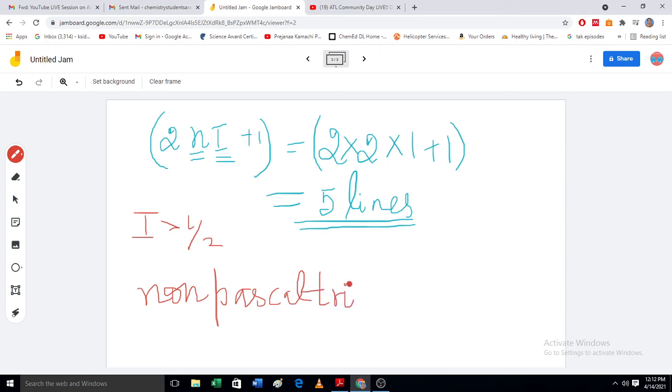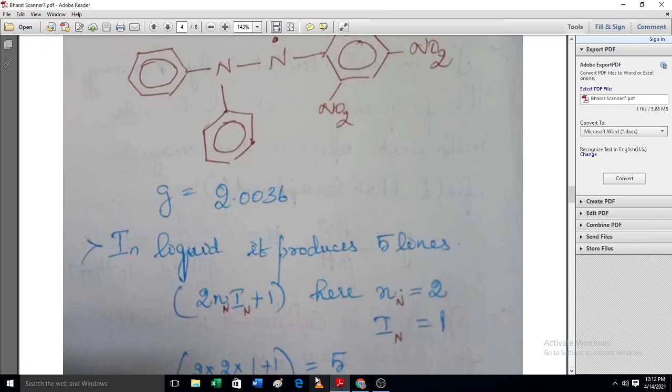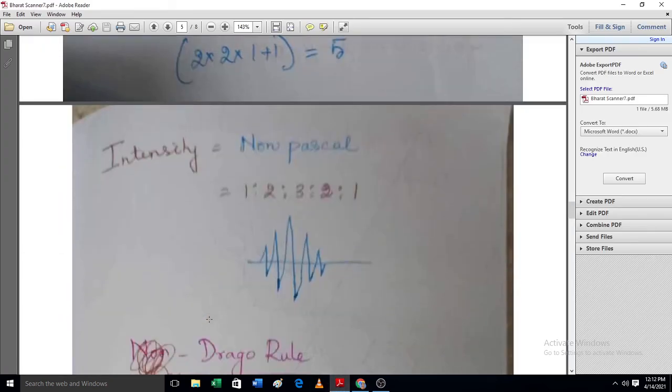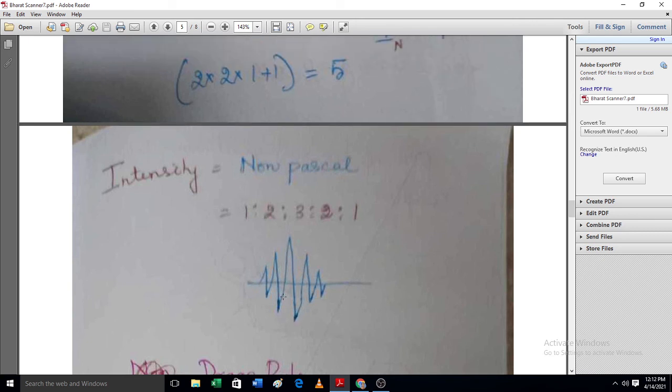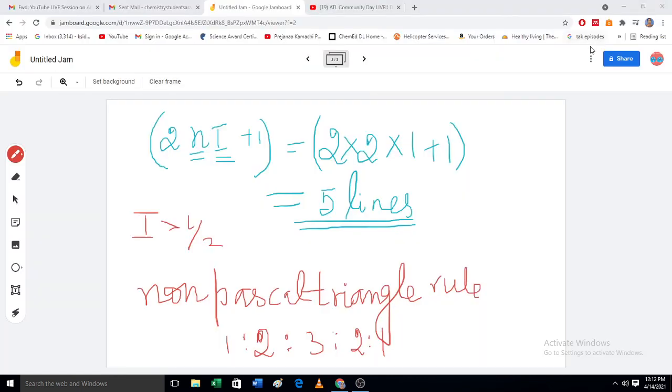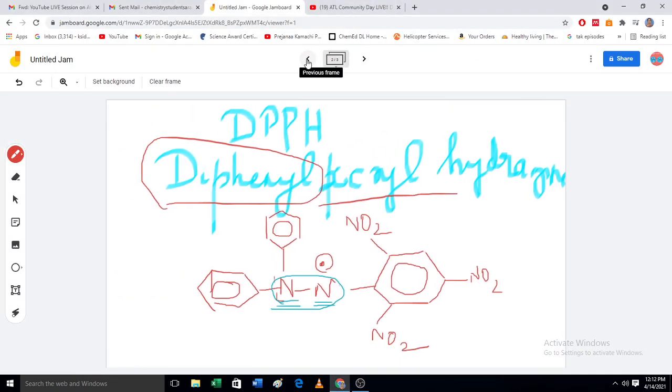So the intensity ratio of these 5 lines will be 1:2:3:2:1, and we will get the lines like this.